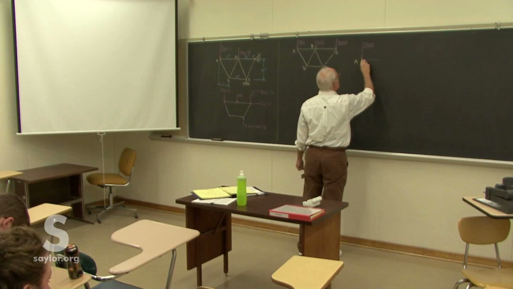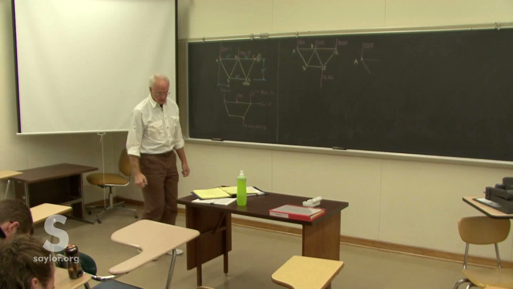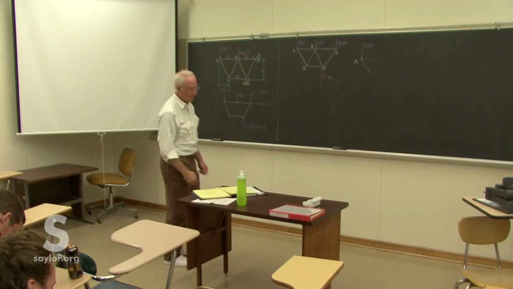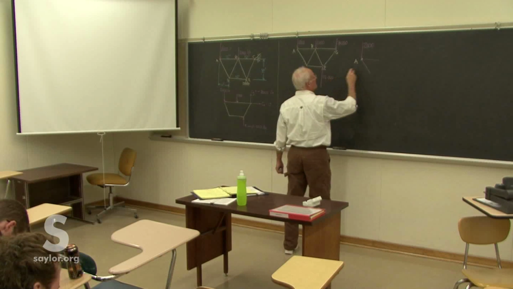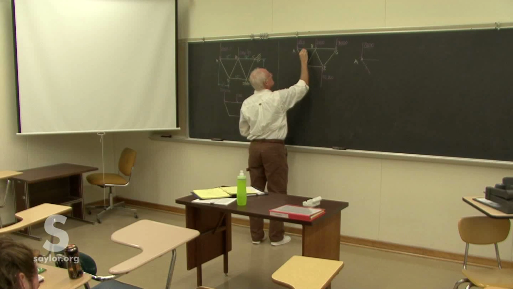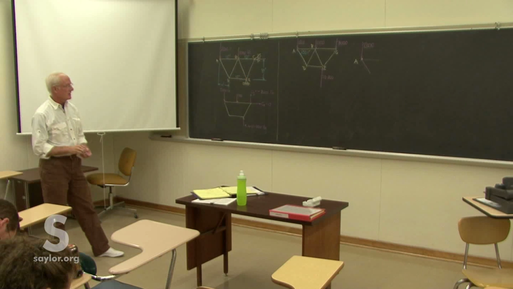And I know that there must be a force lined up with the member going down to D. And by the way, from the dimensions, it turns out that this is 53.1 degrees. We're going to need that, obviously, because now we need to sum the forces in the different directions.